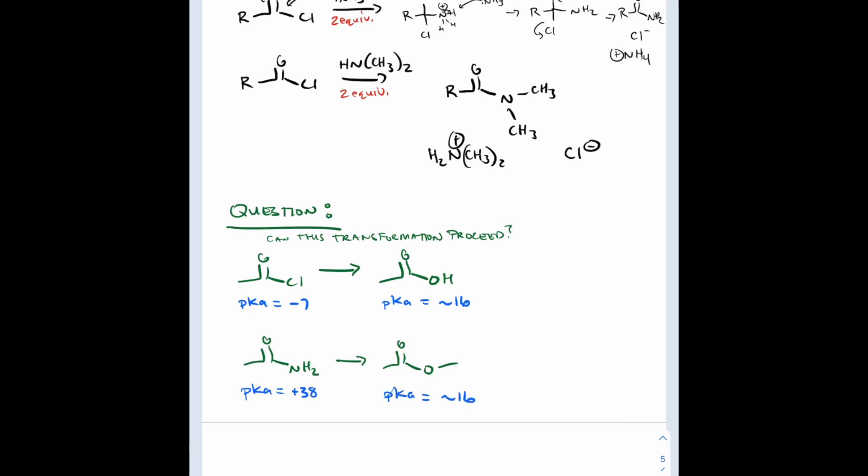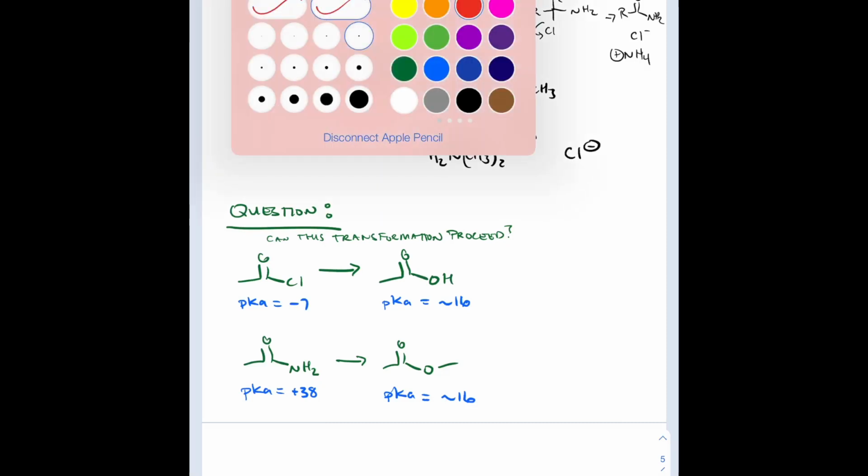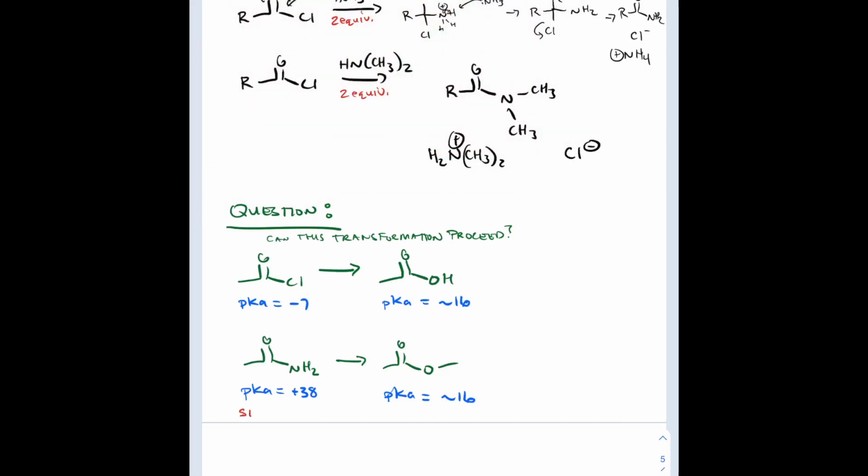So remember, we always want to move forward to form the weaker acid and base. And so that means we want to proceed from a pKa on the left of -7, or I'm sorry, very low, to a pKa on the right that's very high. So the bottom reaction actually won't work, and the top reaction does proceed.